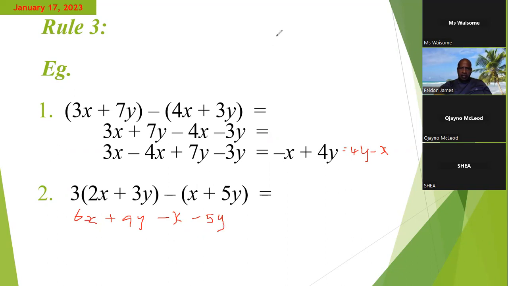So we then group like terms. 6x minus x plus 9y minus 5y.